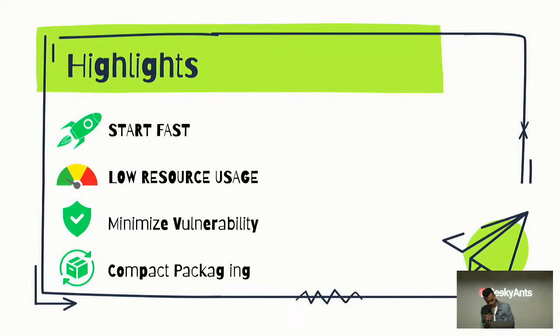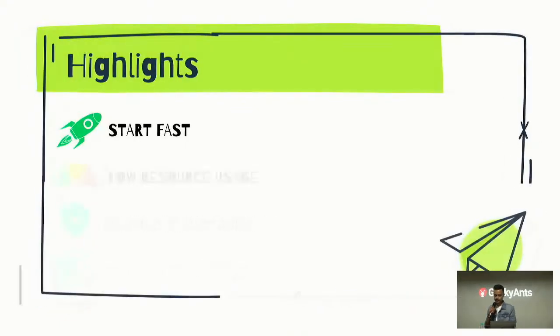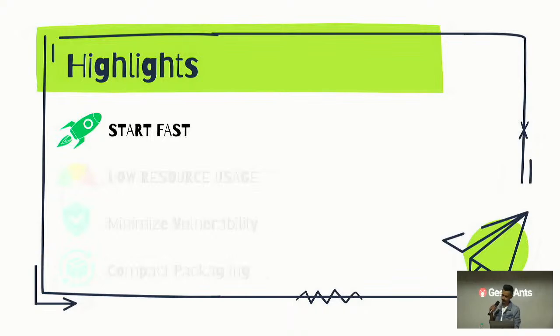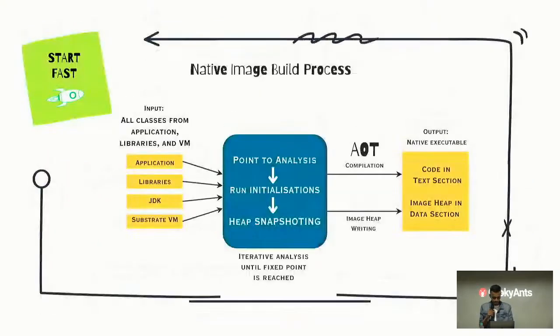First let's understand the start-fast feature. Here you can see the native image build process, how it builds the native image. On the left side, you can see it takes input of all the classes from the application, libraries, and VM, and it starts analyzing in an iterative way.